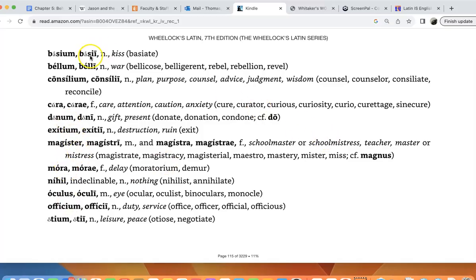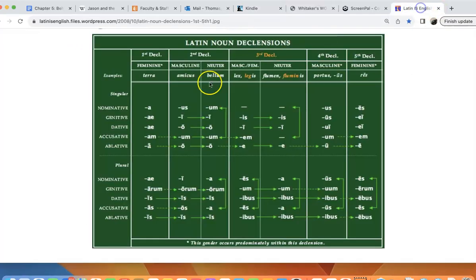And then once again, at some point, maybe in the next lesson, we'll talk about how to use a dictionary. But we need to learn both the nominative and the genitive form of the nouns for reasons which are important, and will be especially so once you get a full understanding of Latin grammar. So here we have bellum, and they have this word right here, that helpful, is a neuter noun, and so there's bellum, belli.